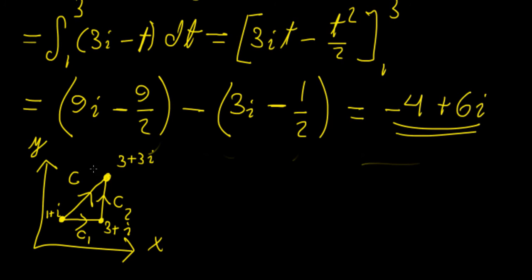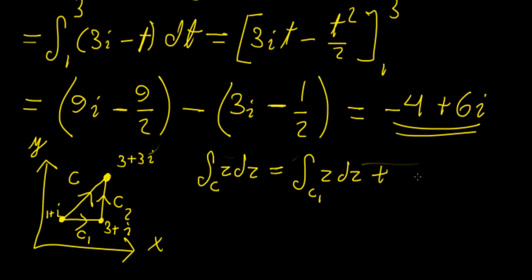So the independence of path theorem from line integrals tells us that the integral along this curve should be equal to the sum of the integral along this plus this one. And is that true? Well, let's see if this is true. The integral over C of z dz equals the integral over C1 of z dz plus the integral over C2 of z dz.